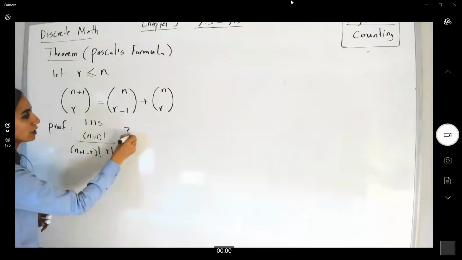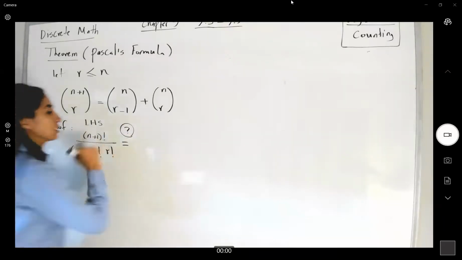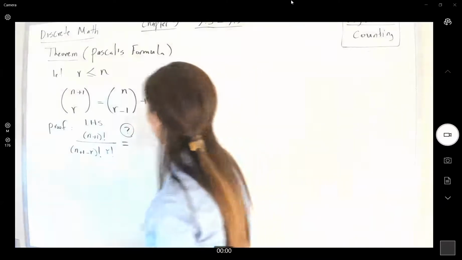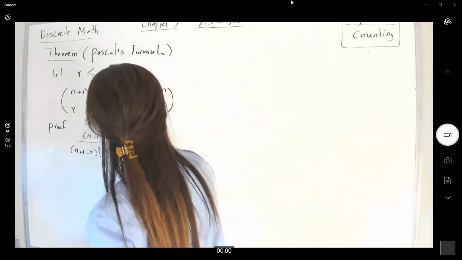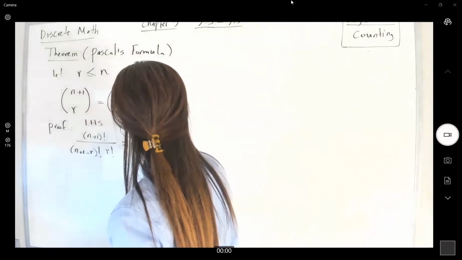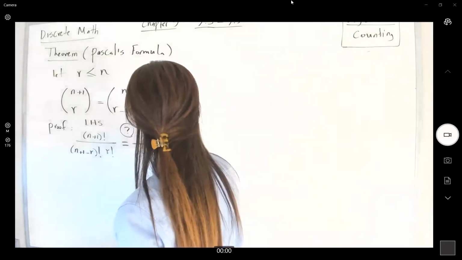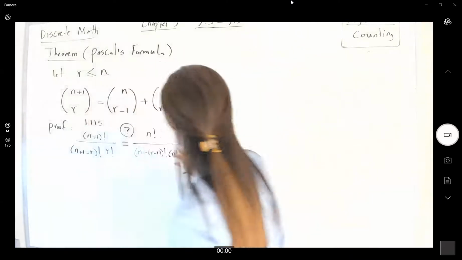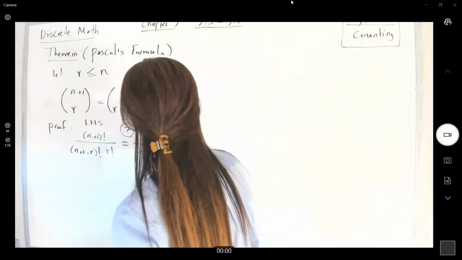I want to show that this fraction is equal to the sum of these 2 fractions: n factorial divided by n minus r minus 1 factorial times r minus 1 factorial.